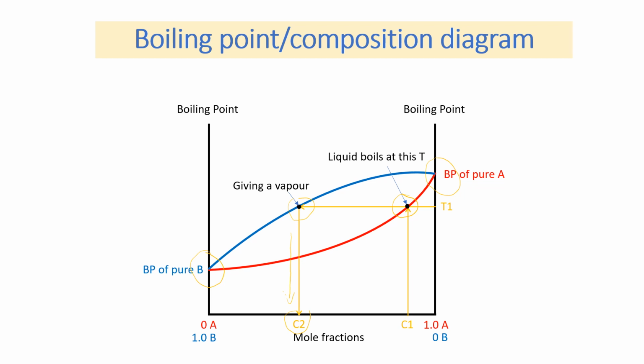And if we repeat the boiling process, we can see another composition which is C3. So this is also what we call the distillation process. So the vapor composition will be at this area and the liquid composition at this area.